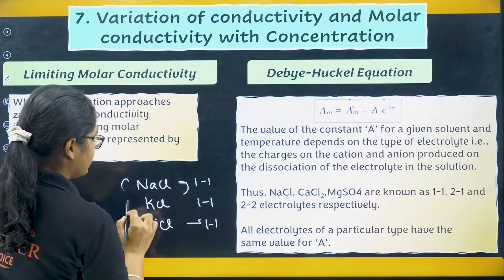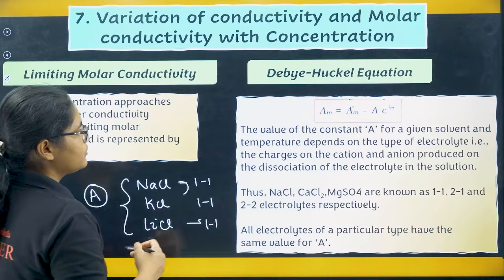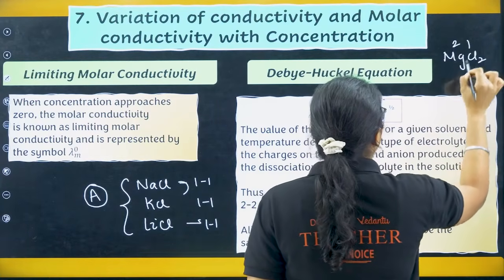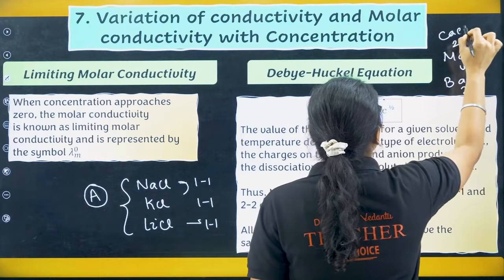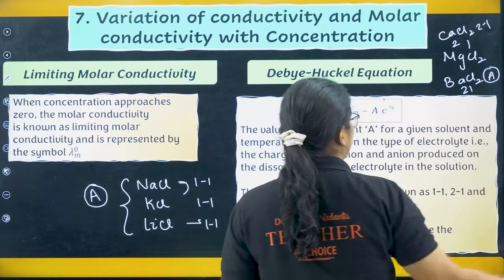So these all have the same A value. MgCl2 is 2,1 type, BaCl2 is also 2,1 type, CaCl2 is also 2,1 type. So these all will have the same A value.